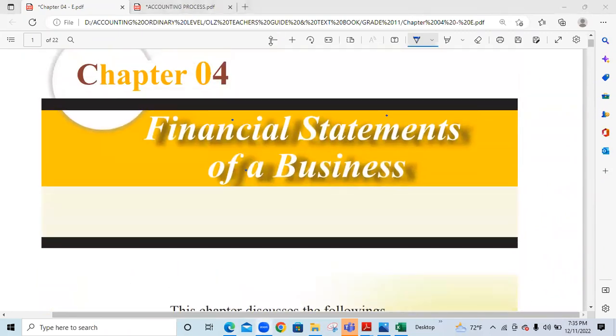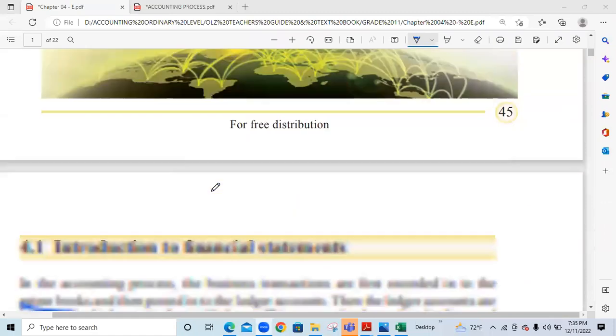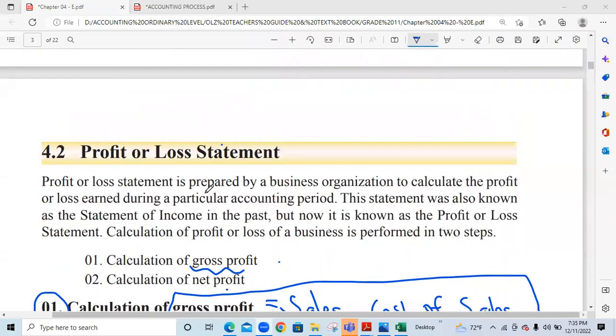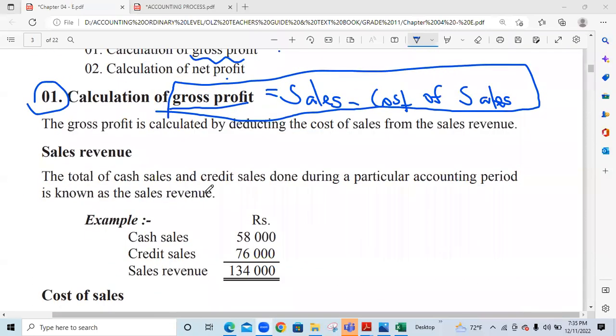After that, below that, write the subheading, profit or loss statement. After you write profit or loss statement, below that say gross profit. Gross profit is equal to sales minus cost of sales.